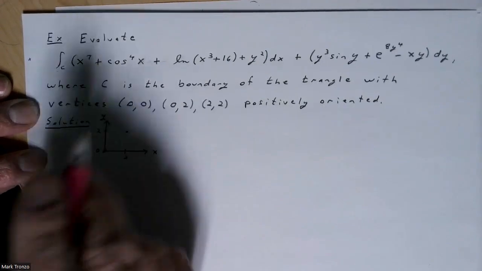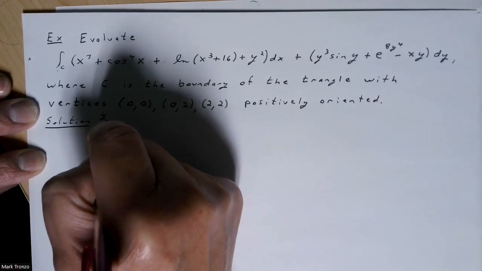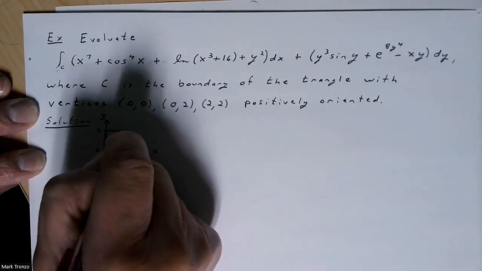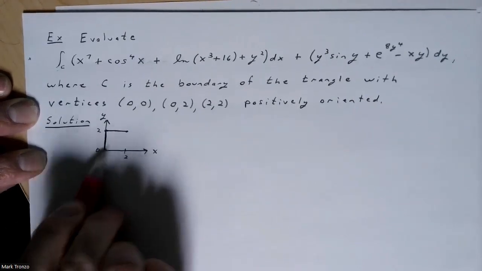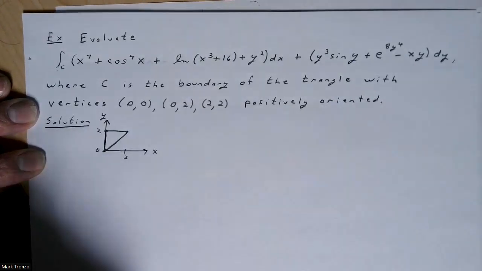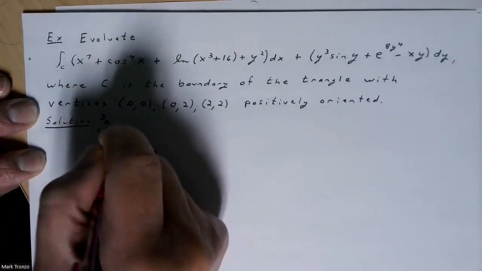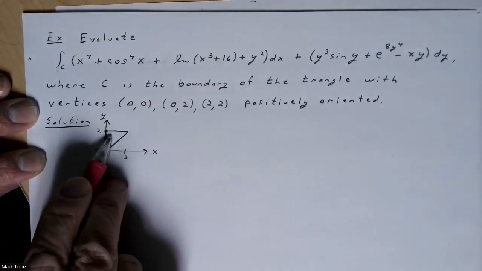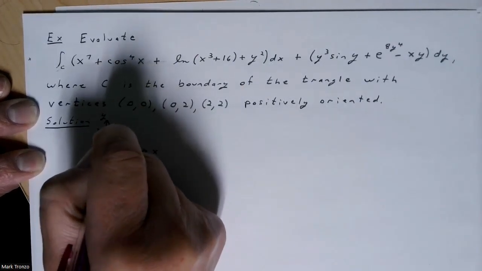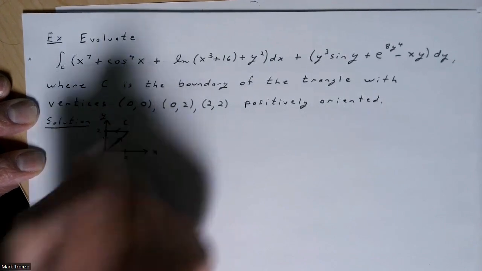So again, (0, 0), then (0, 2), then (2, 2), and then it goes back to (0, 0). Looks like our curve looks something like this. And we're told that we're positively oriented, so our region that we're enclosing is in here, so that must mean we're going this direction with our C.